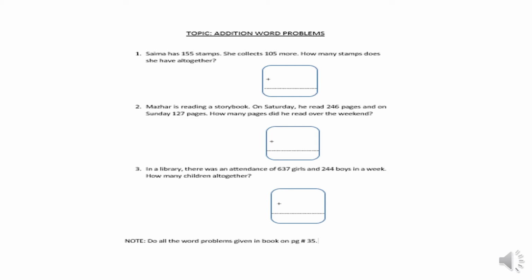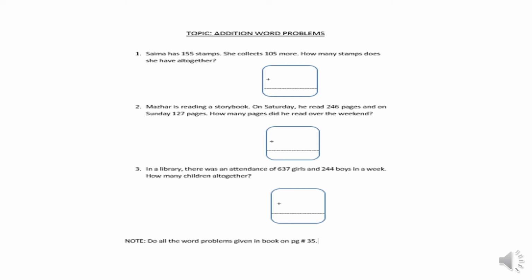The second word problem is: Mazhar is reading a story book. On Saturday he read 246 pages, and on Sunday 127 pages. How many pages did he read over the weekend?